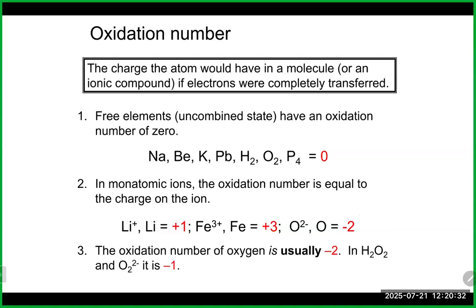Oxygen, as we talked about here, is a really good place to start. In a lot of cases, it is going to be -2. It may not always be -2, but that's usually a good place to start. The oxidation number of oxygen is usually -2. The exception is, though, if it is peroxide, which is this guy right here, a polyatomic ion, it actually will be -1 versus -2.